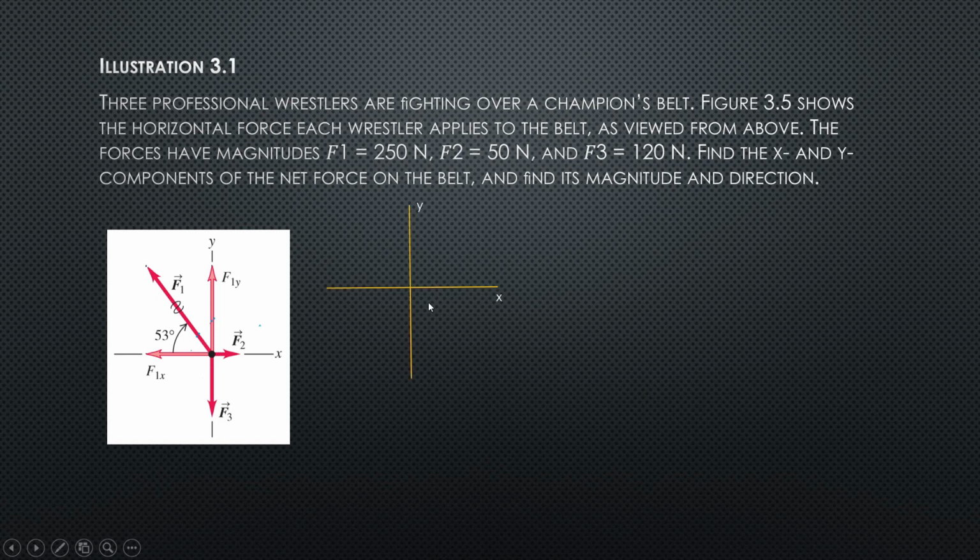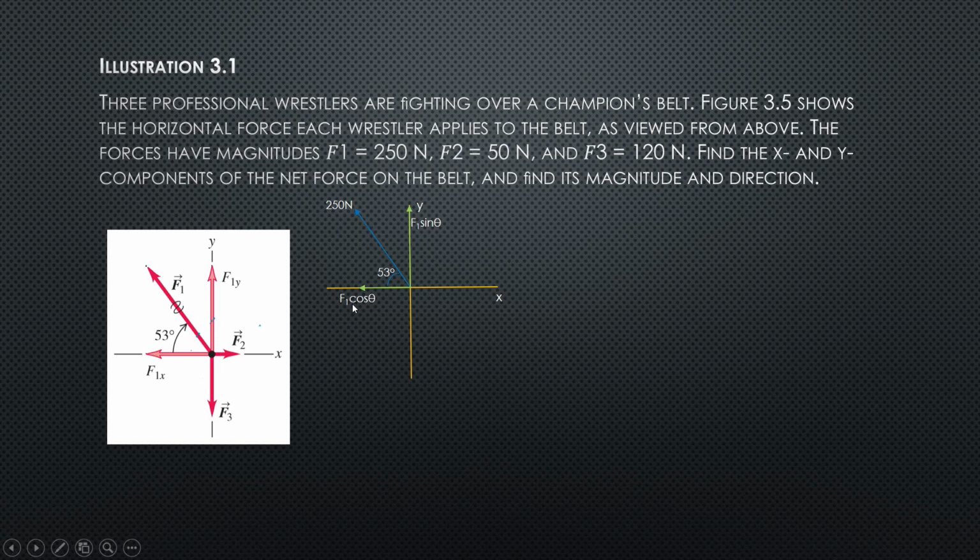Let us first consider force 1: 250 newtons, at an angle of 53 degrees from the negative x-axis. There are two main components, the horizontal and vertical component, or simply the x component of this force and the y component of this force.